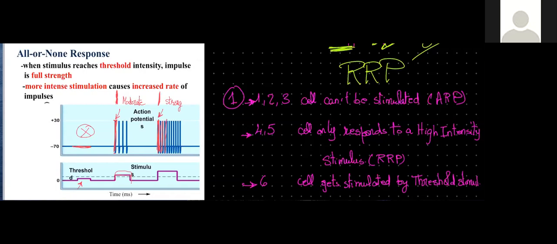So getting exposed to much stronger stimulation results not in an increase in the amplitude of the action potential, but in the formation of more action potentials. More action potentials will be formed.